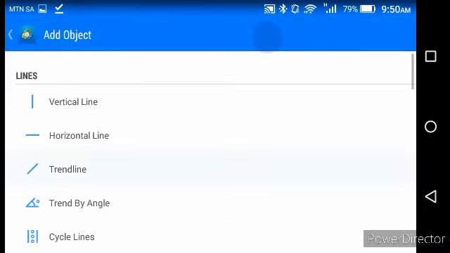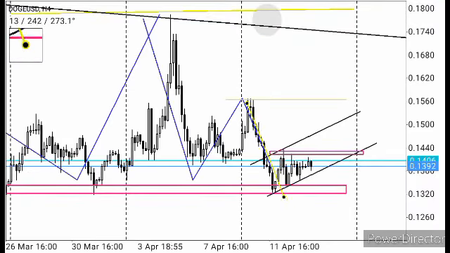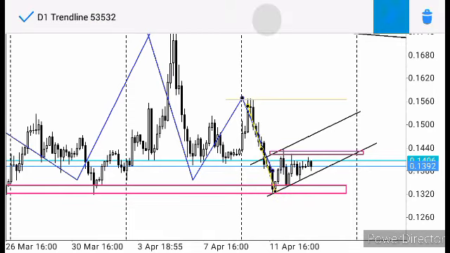I'm just also gonna add the first leg just for illustration purposes.